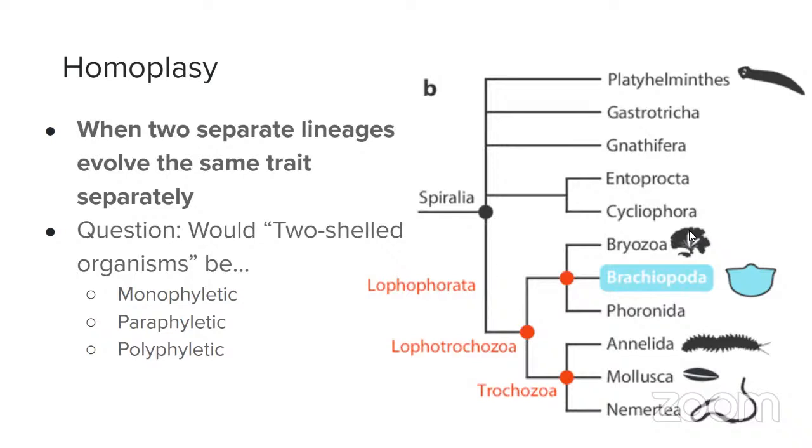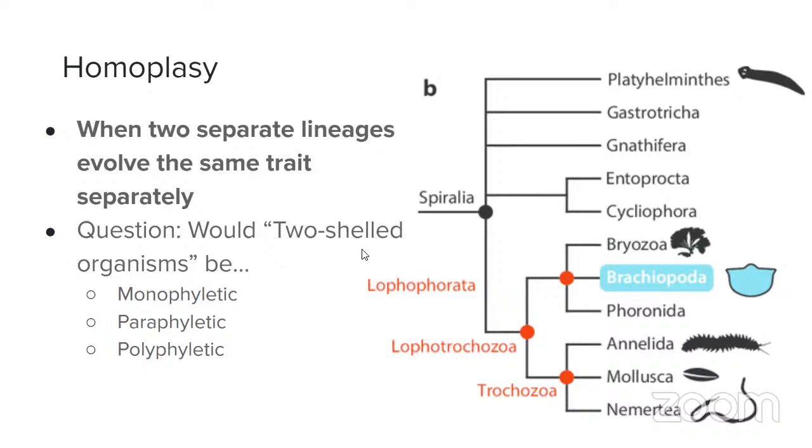Yeah, so when something is polyphyletic, we're saying that we're talking about a group where we have an unnatural grouping, or at least a grouping that doesn't reflect the evolutionary history. Right, so if we describe a group as being just two-shelled organisms, we're kind of picking and choosing from different places on the tree, which might be useful for us if we are asking a question where we care about shells and don't care about evolution, right?